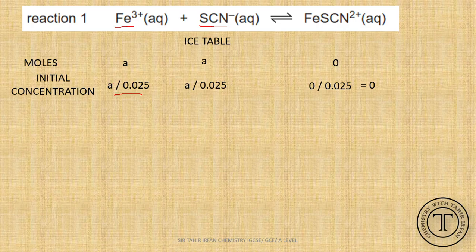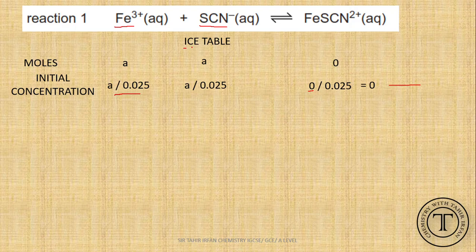This is the concentration for iron plus 3. For SCN, obviously the same, A over 0.025 mole per decimeter cube. And for the product, the concentration is going to be 0 because at the start there are 0 moles of FeSCN2 plus. So these are the initial concentrations, that is I.